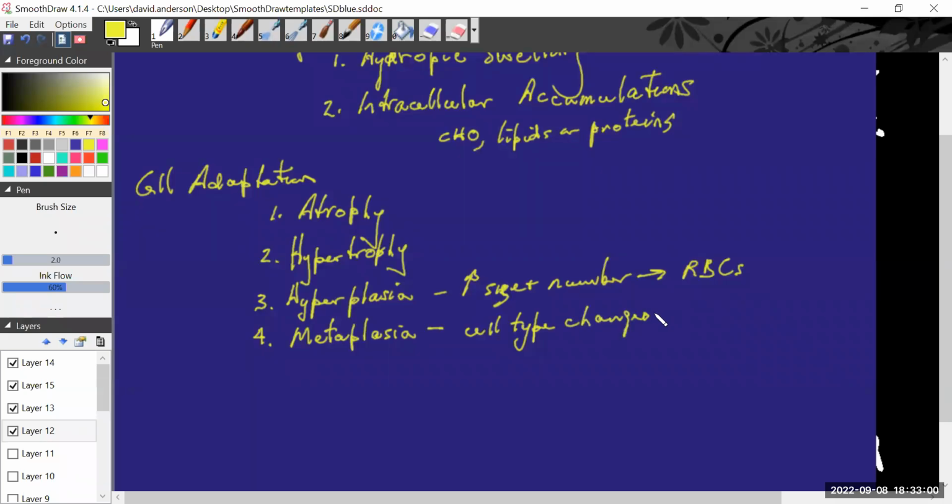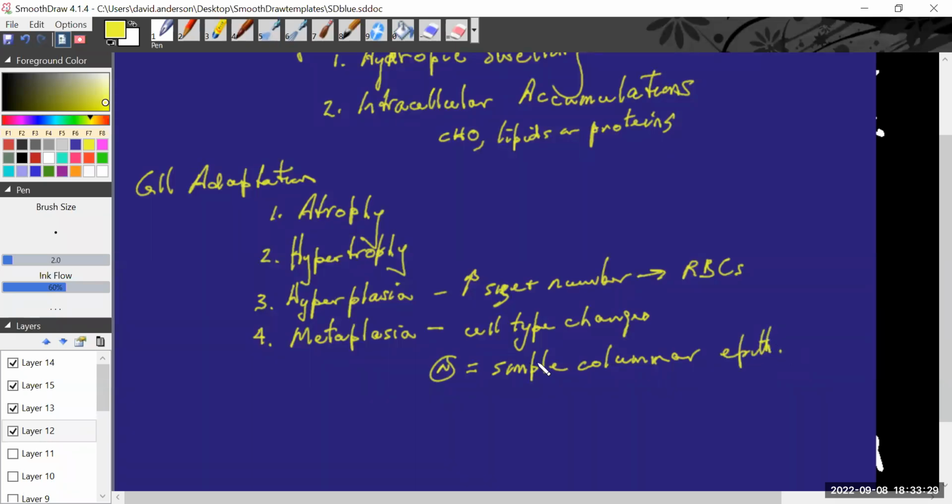So for example, in our airways, if you are a smoker or you know somebody who smokes, their airway is going to change in response to that stressor, which is smoke and all the junk that's in that smoke. So normally, it's a simple columnar epithelium.